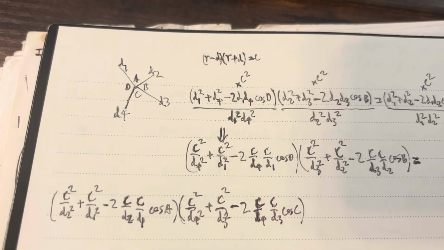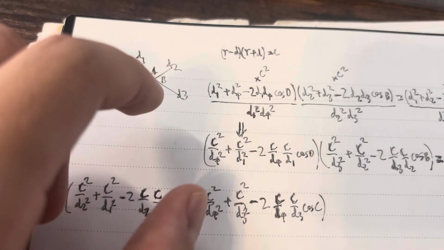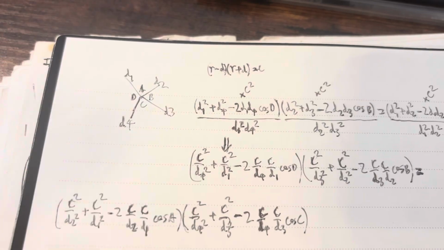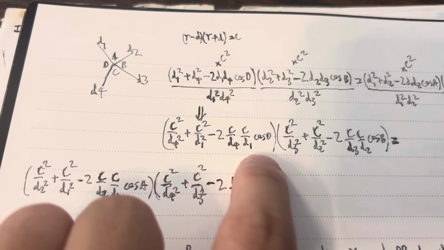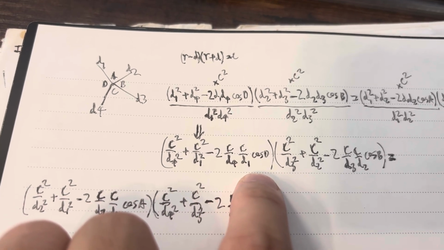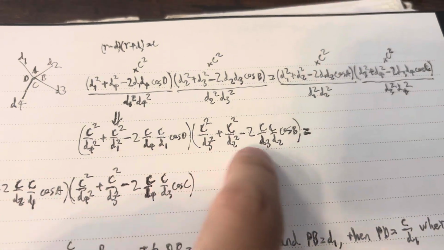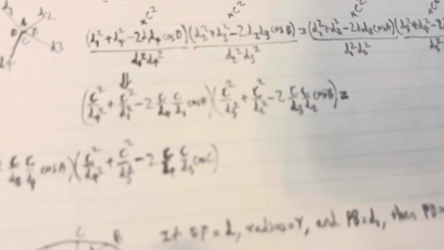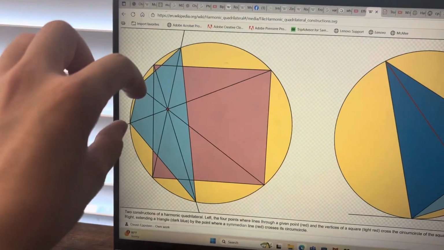And then by the law of cosines, since those missing lengths are c over d1 and c over d4 respectively, this first factor is exactly going to be the right blue side squared. And similarly, this second factor involves d2 and d3, so it is going to be the left blue side squared.